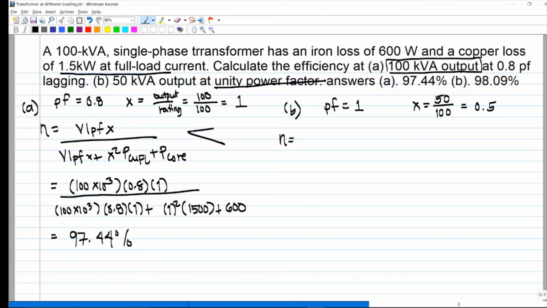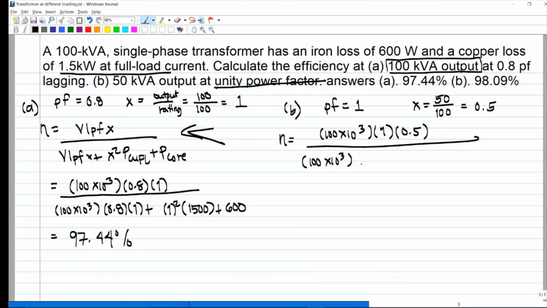So kabisaduhin natin yung formula na to. VI, that is the rating, 100 times 10 raised to 3 times the power factor na 1 and the loading of 0.5 divided by 100 times 10 raised to 3 times 1 times 0.5 plus yung X square natin, yung loading na 0.5 square times the full load copper loss na 1,500 plus the core loss na 600.